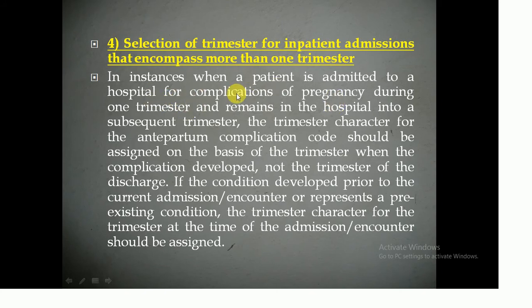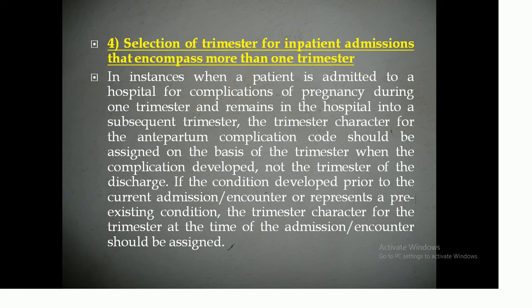As you can see here, when a patient is admitted to the hospital for a complication of pregnancy during one trimester and remains in the hospital, and subsequently enters the second trimester, the trimester character for the complication code should be assigned based on the trimester when the complication developed, not on the discharge trimester.